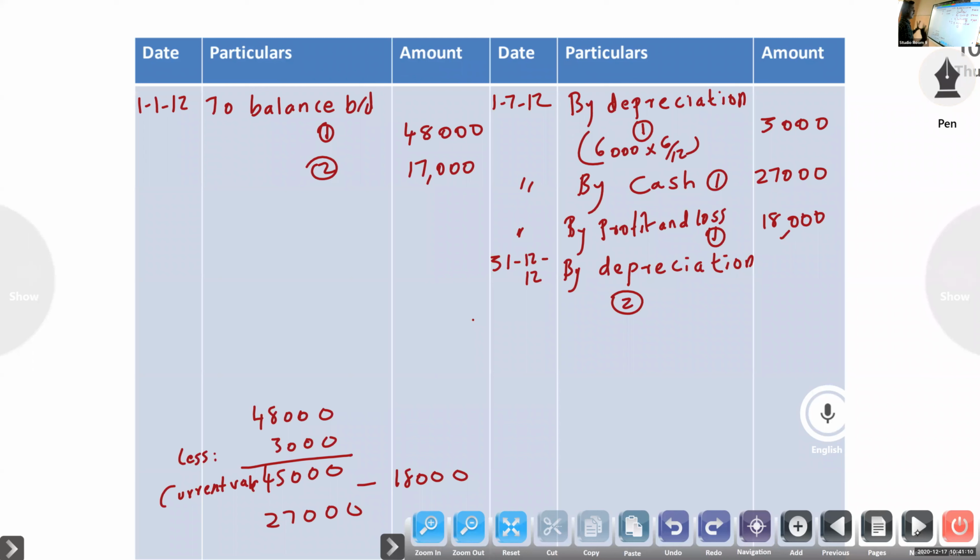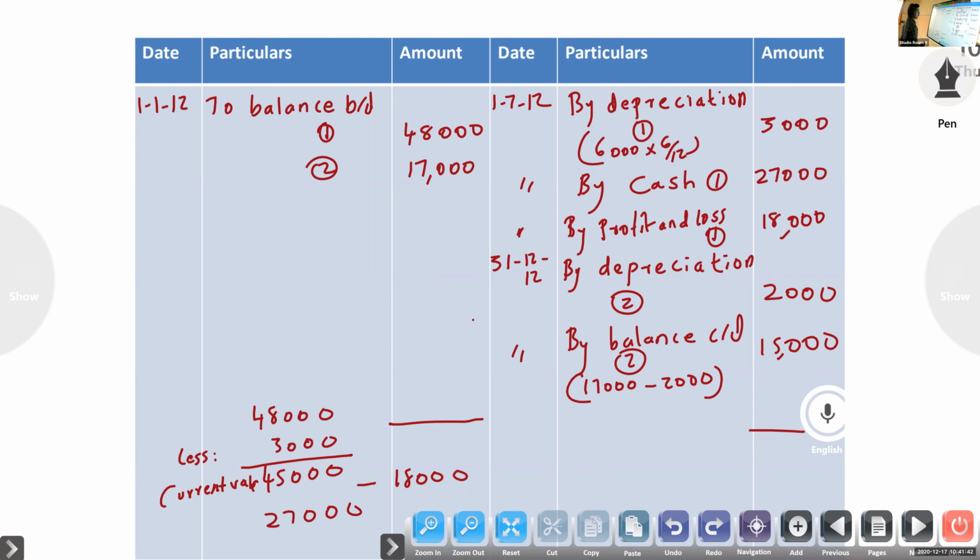Okay, so first year only the months you have to take, next year onwards original cost into percentage, 2,000. So same date by balance c/d, because now only second one, 17,000 minus 2,000. So now debit side total you have to write. So 65,000.